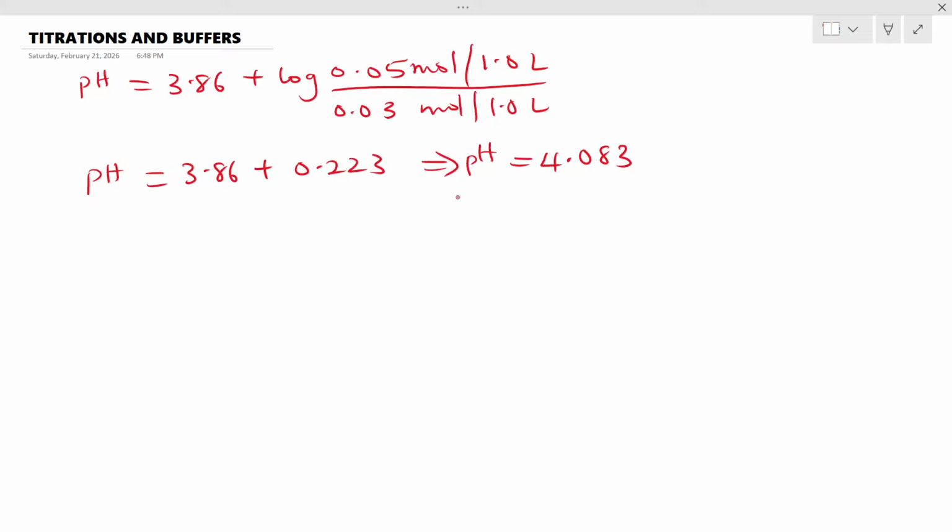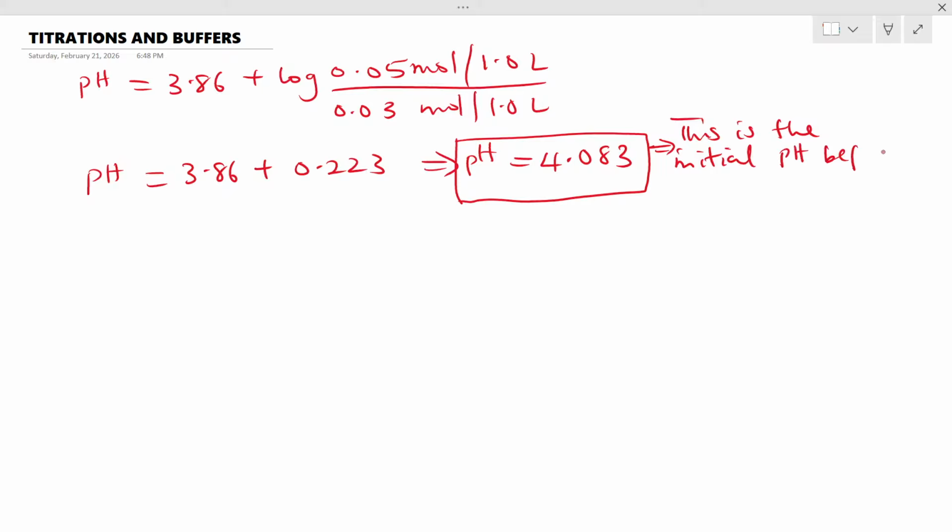So we said pH before, right? This is the initial pH before the hydrochloric acid was added.